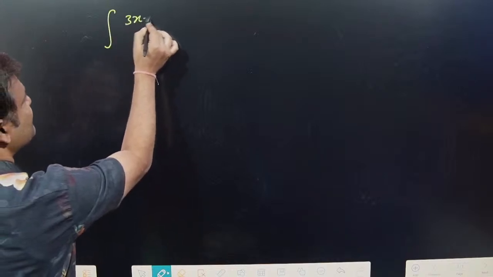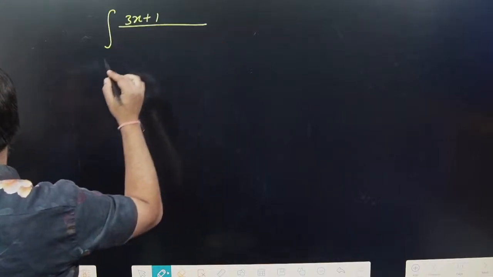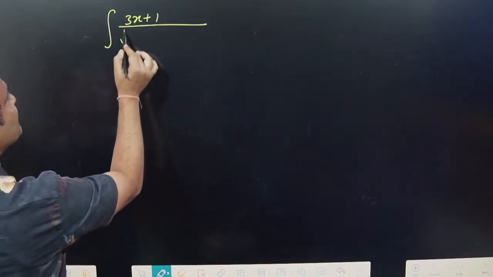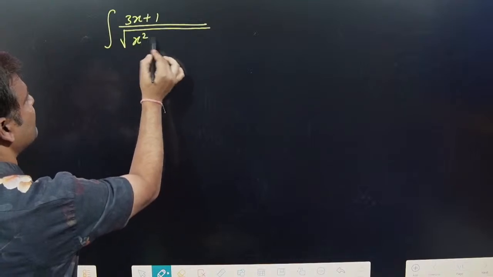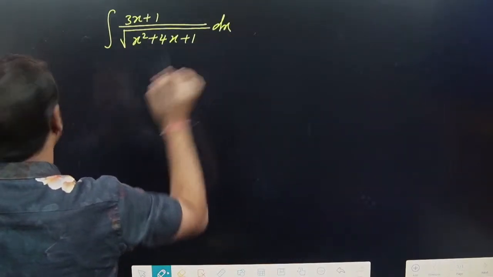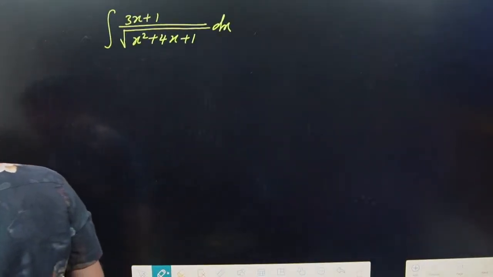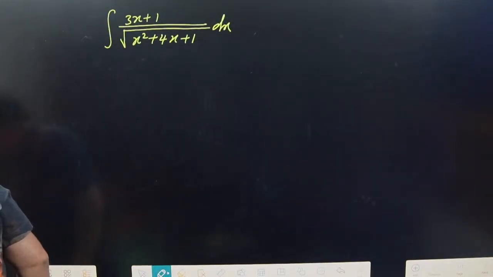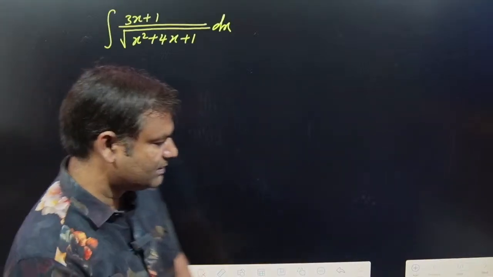Now next target is 3x plus 1 divided by under root of x square plus 4x plus 1 into dx. Okay, how can solve this type of problem?